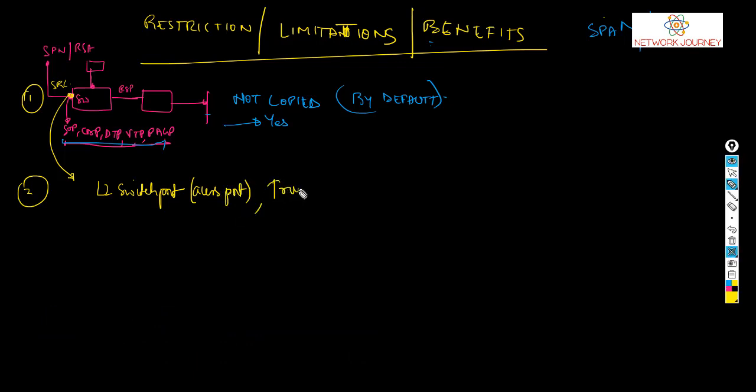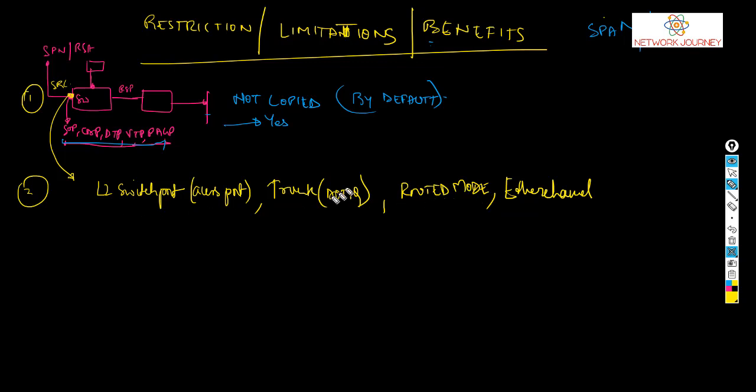It can be a trunk, that's nothing but your 802.1Q. It can be a routed mode as well. It can be a routed mode, it can be an access port, it can be a trunk, and also it can be an EtherChannel. Once again, you take it as a benefit or limitation or restriction, but they are covering a lot of modes.